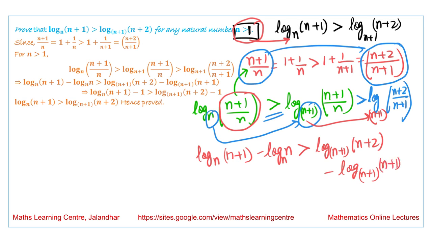Now look at these values over here: log n to the base n is 1, and this value is also 1.